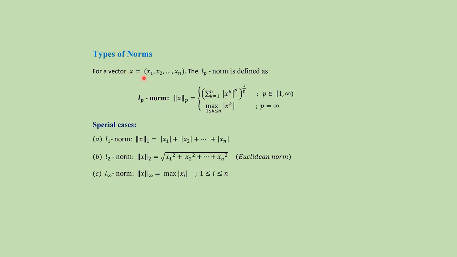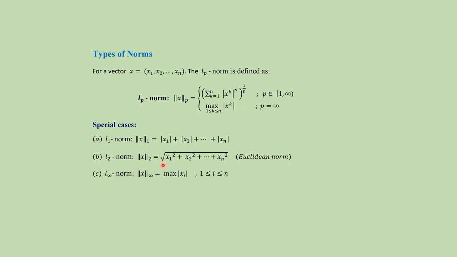Types of norms. For an n-tuple vector x, the Lp norm is defined this way when p is in this interval. And the Lp norm is defined this way when p is infinity. If p equals 1, then we get the L1 norm. That is, we will take the absolute value of each component and then add them together. If p equals 2, then we will get the L2 norm.